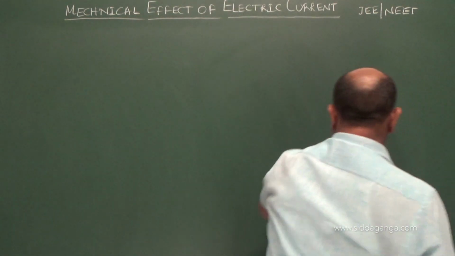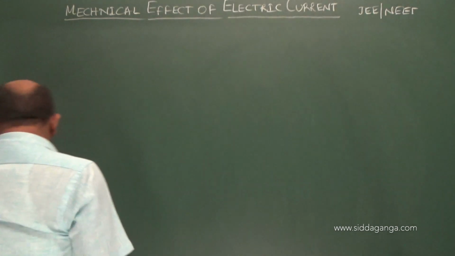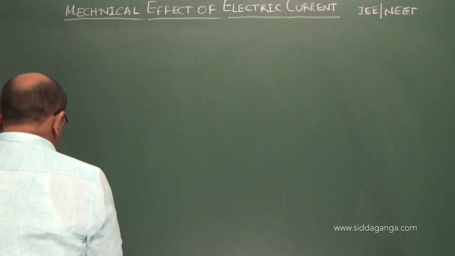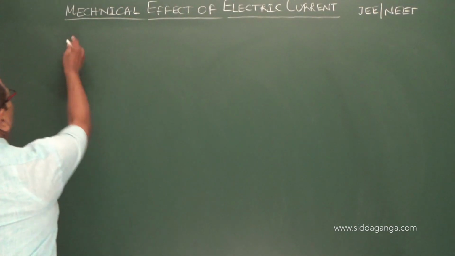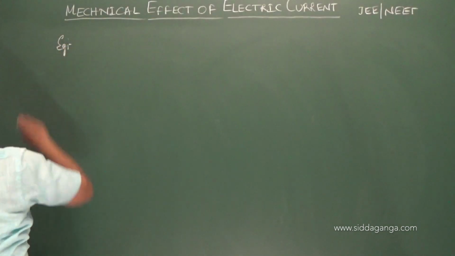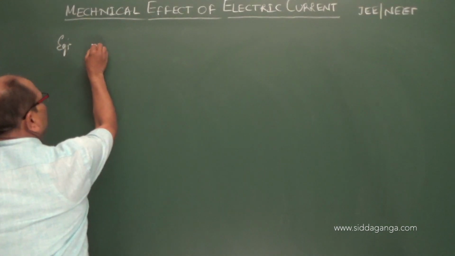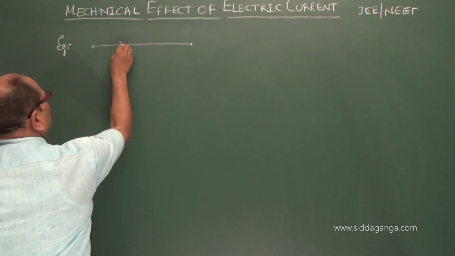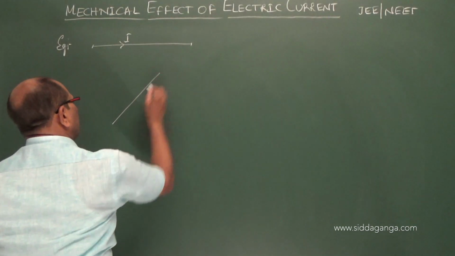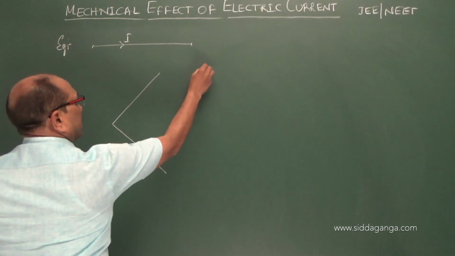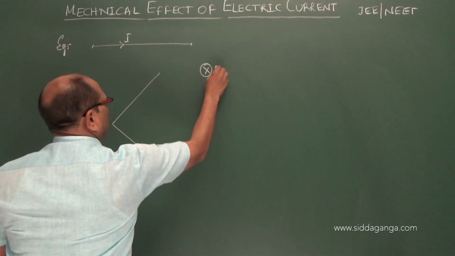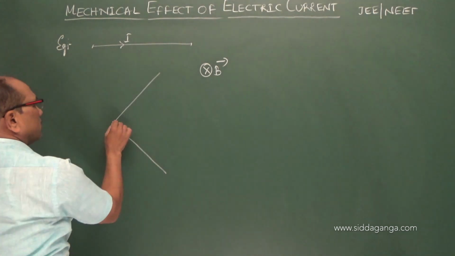So we have taken an arbitrary shape, even a straight wire. Another example: a straight wire of length L carrying current I is bent at the middle. The magnetic field is into the board, uniform throughout.